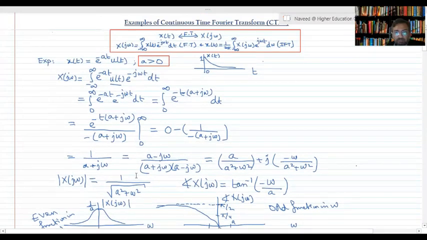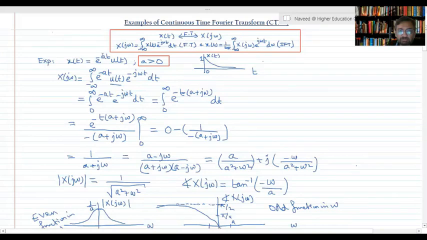Okay, now we come to the convergence issues. What if we remove this condition on a and allow a to take negative values?